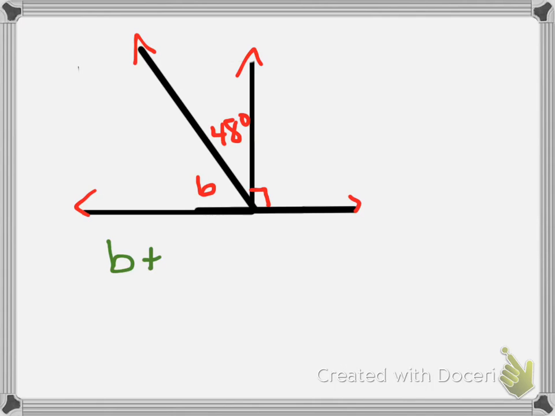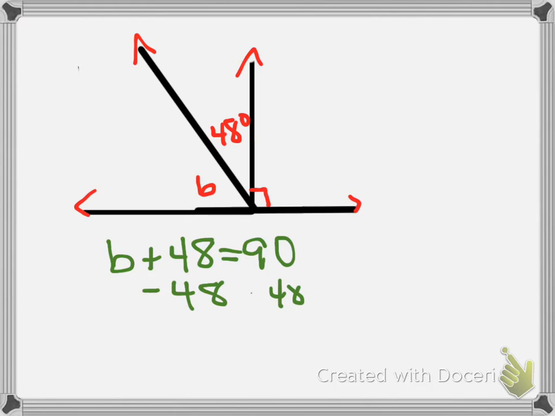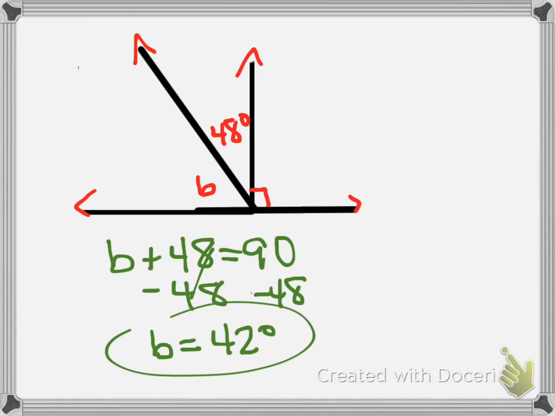So B plus 48 equals 90, and you solve that for B. So we'll subtract 48 from both sides, and so B will equal 42 degrees. So we're going to use a lot of relationships like that.